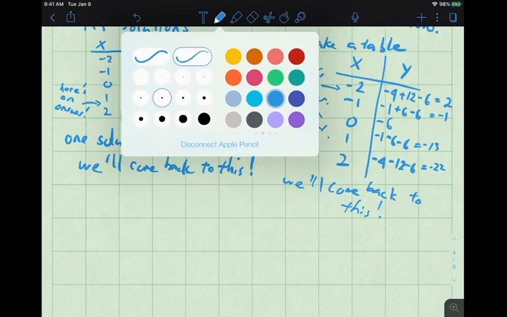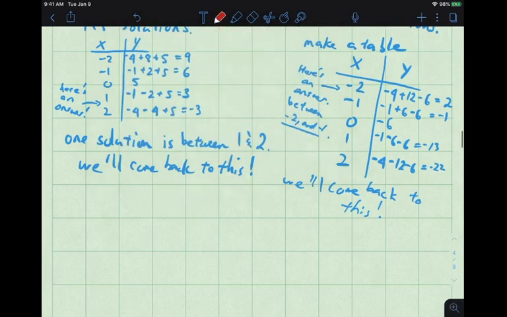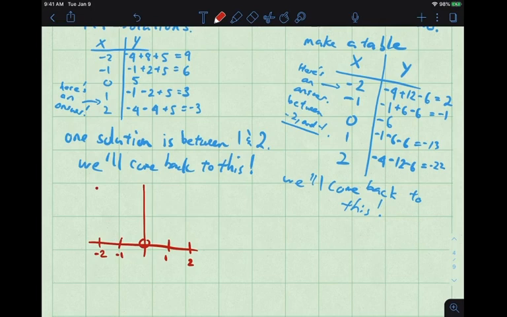Let's switch colors. So in red, way up here, it's going to be 9. Here, let's call this one 6. Here's 5.